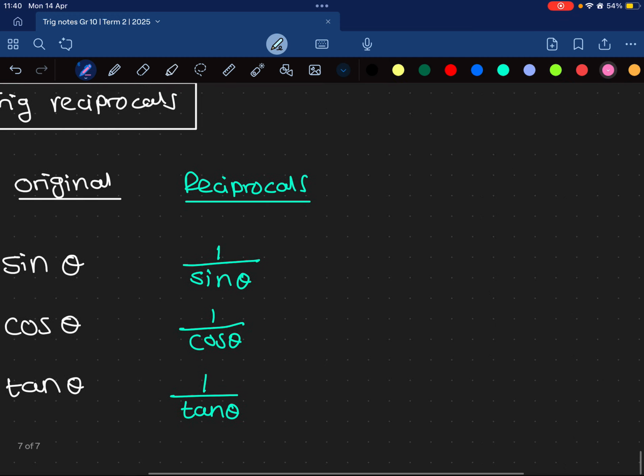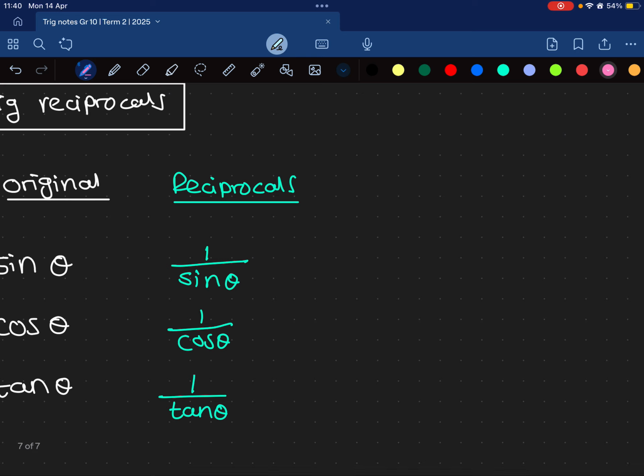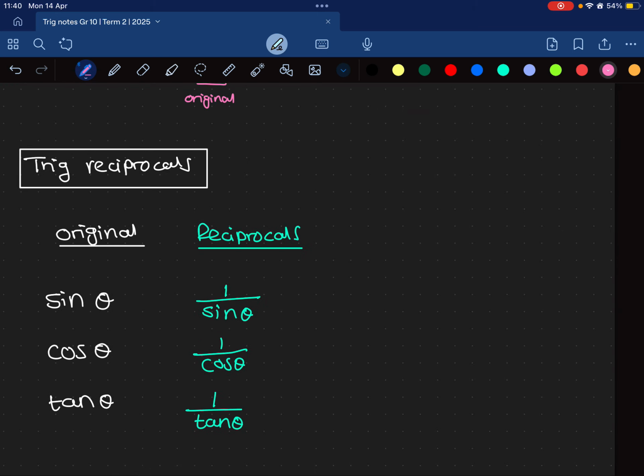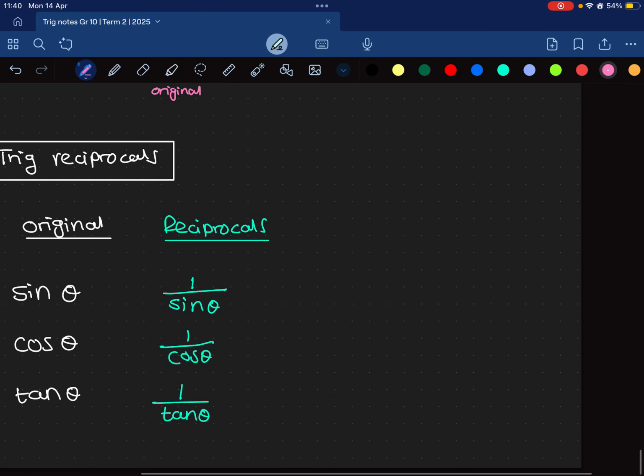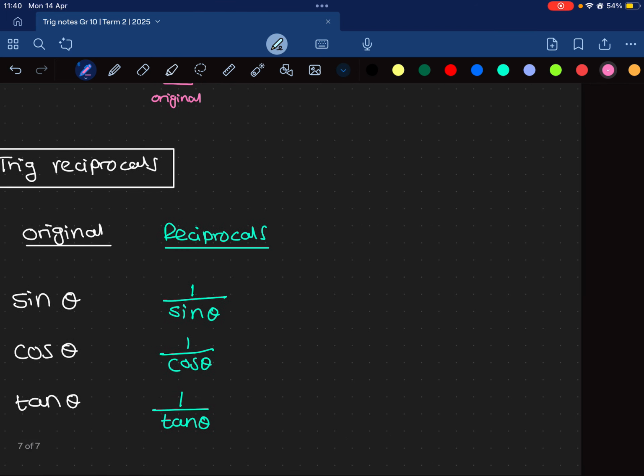But now, in order for us to compute this a bit easier, we give new trig functions to these reciprocals. The new function that we relate to 1 over sine of theta is going to be the function cosecant.